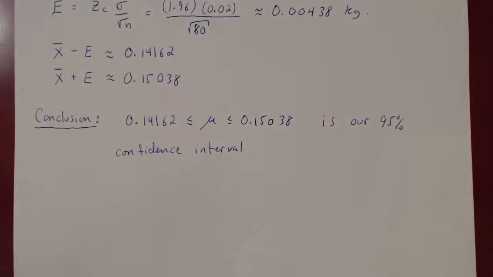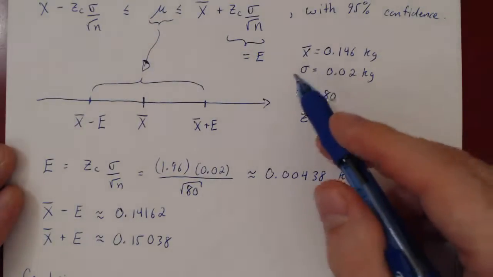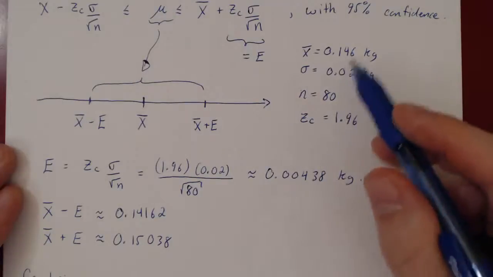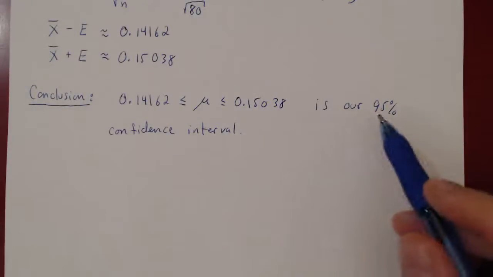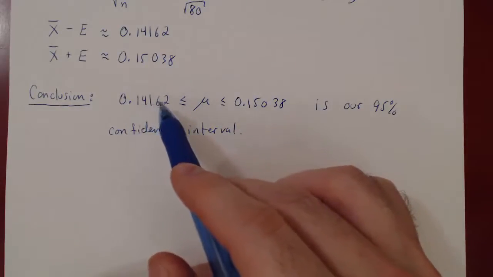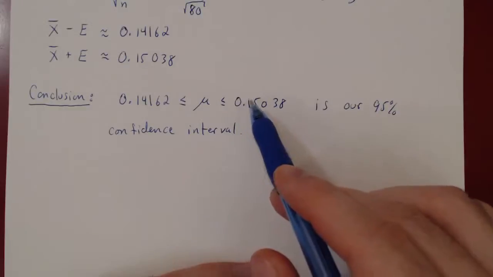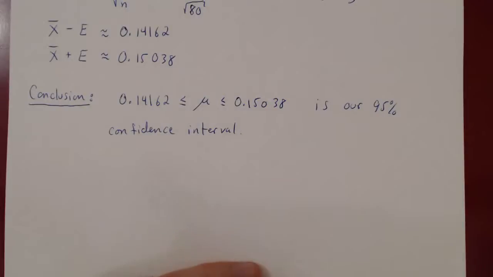And now think of why this is great. All we did was we took a sample of 80 apples. We found the sample mean weight, the sample standard deviation. We cheated here. We assumed that this was the true deviation, but we'll fix that in a minute. Then, just from a sample of 80 apples, we are able to conclude with 95% confidence that the interval from 0.14162 to 0.15039 will contain the true average weight of all apples.